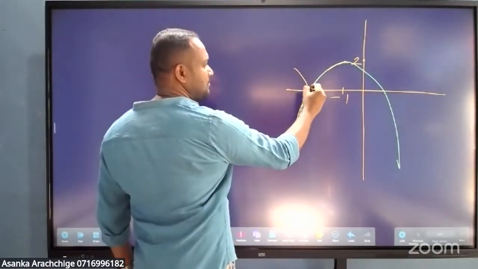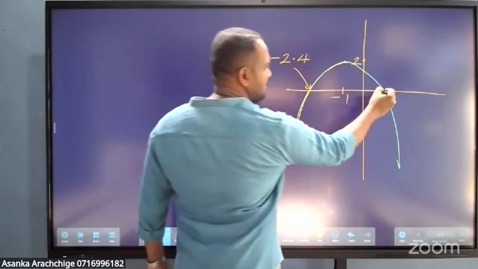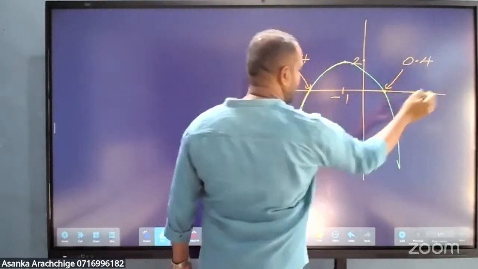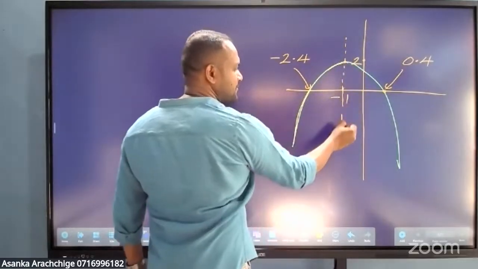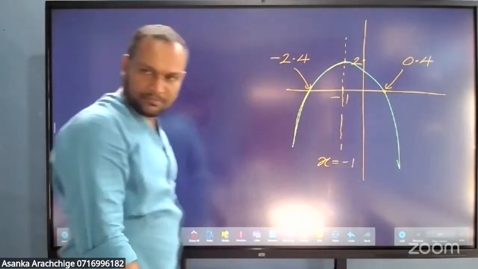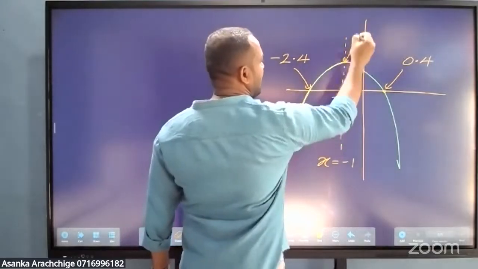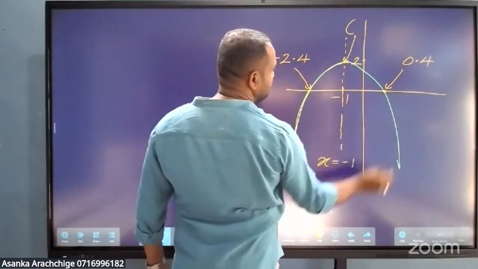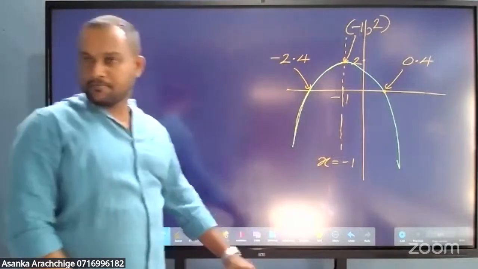This value is minus 2.4, this value is plus 0.4. This is the axis of symmetry, which is x equals minus 1. This is the maximum point. The coordinates are minus 1, 2. Am I correct?